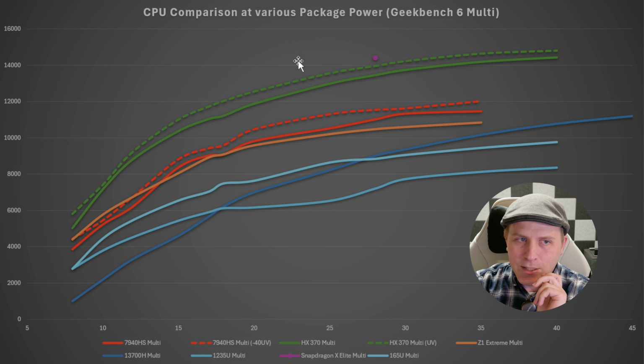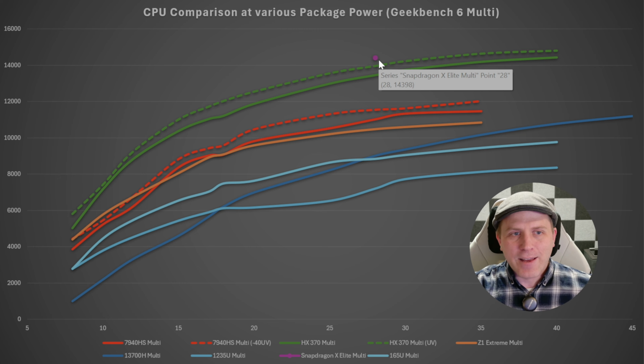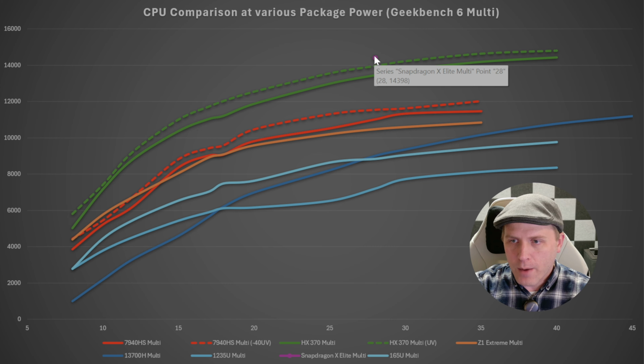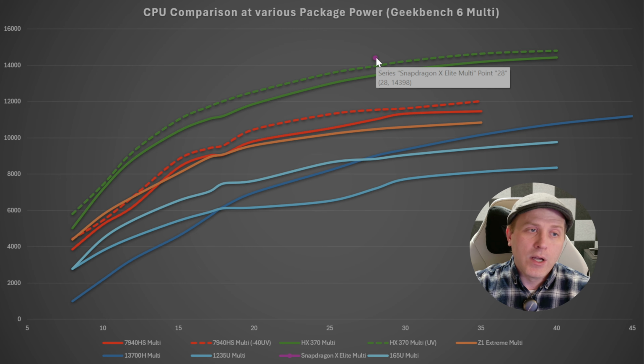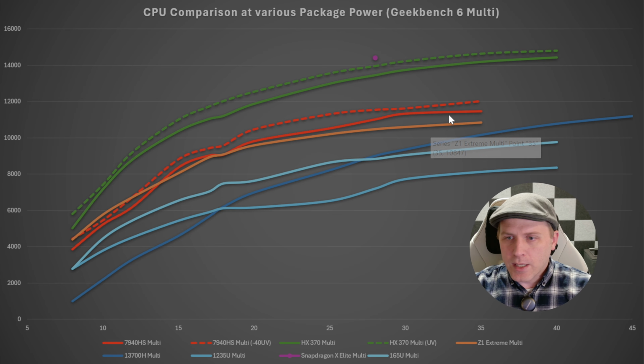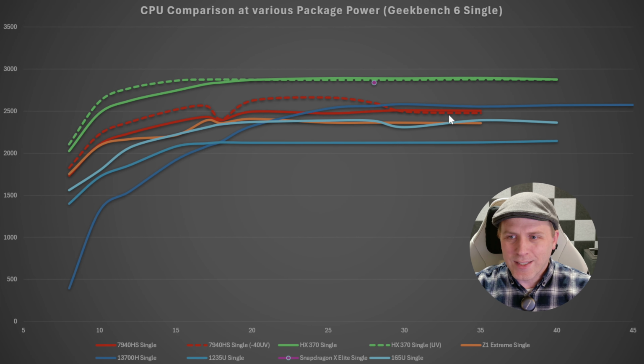I would guess that its curve would actually be pretty powerful and maybe would drop off here, but it's completely unknown because I can't force it to use a certain amount of watts. So I don't have the power curve in this format for that, but I did want to include the Snapdragon X Elite to show how good it is. Yes, you're giving up x86 compatibility. That's its Achilles heel.